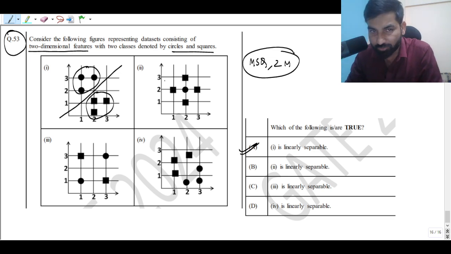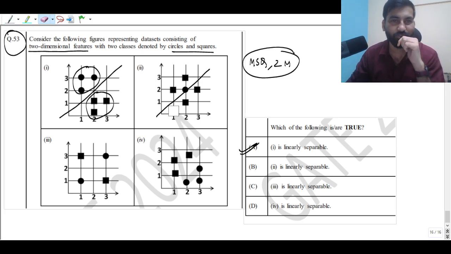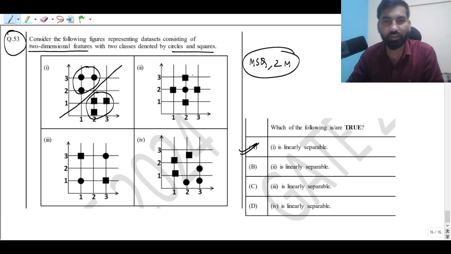And can you separate the second one? I think we cannot. You try to draw a line anywhere, right? You will not be able to separate these two data sets. Here the number of squares is also more compared to the number of circles, so you can ignore that by default.